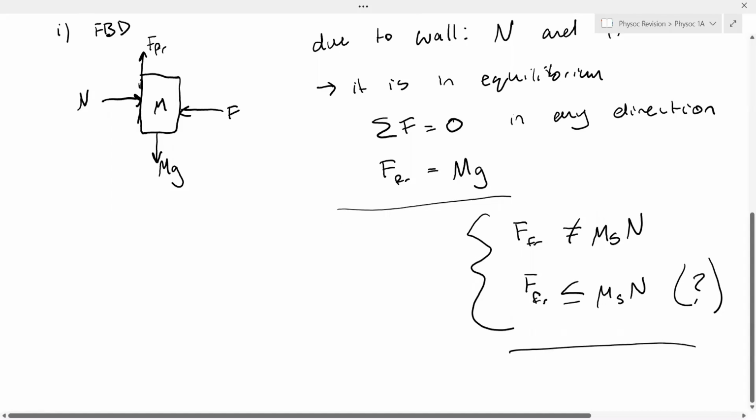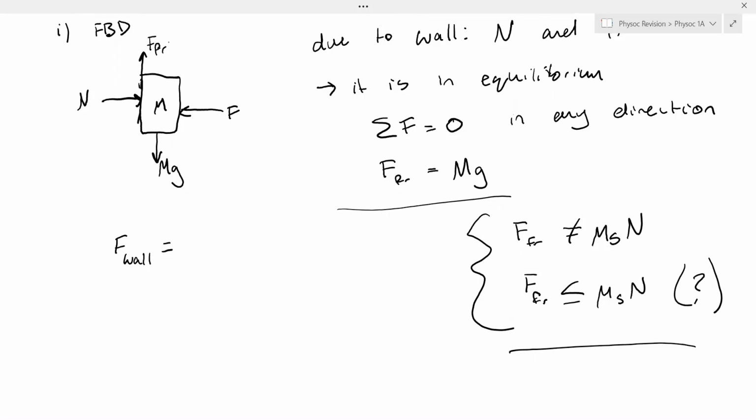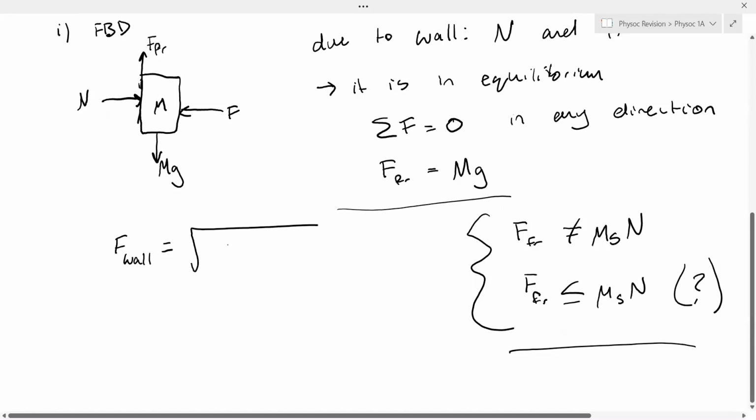Okay, so that means our total force due to the wall is going to be equal to our friction plus our normal force. Of course, they're acting in opposite directions and force is a vector, so we're going to have to add them up using Pythagoras. It's going to be F wall squared equal to normal force squared plus frictional force squared.